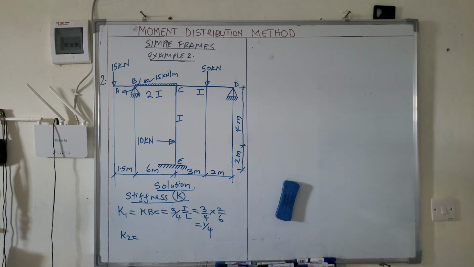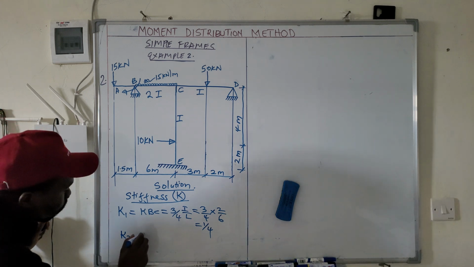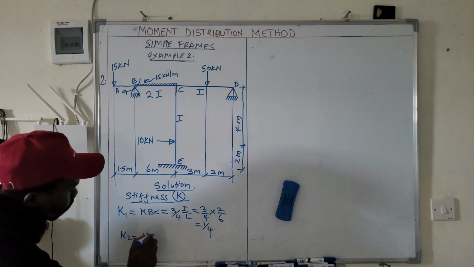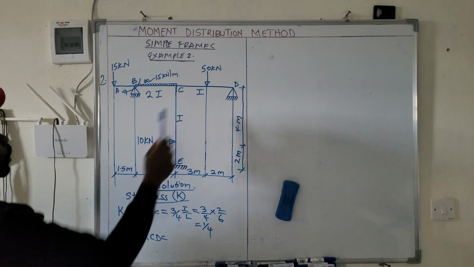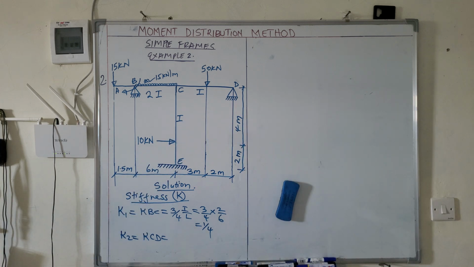We proceed to K2. K2 will be KCD. As you can see, again, CD is a simply supported beam.